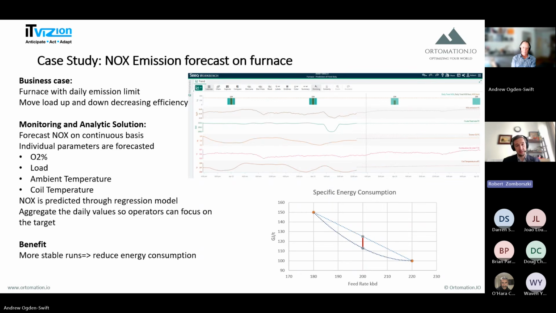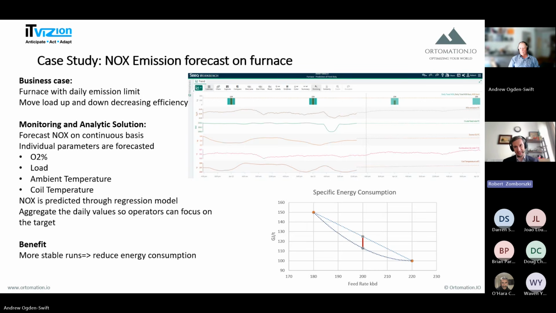Based on these forecasted variables, we used a regression model to define the NOx and aggregated it daily. So the end result was that the operators, from the beginning of the day, could see a prediction of the daily total NOx emission.